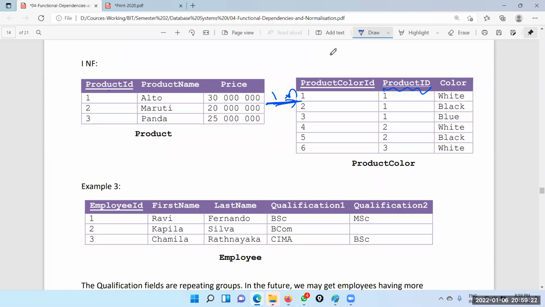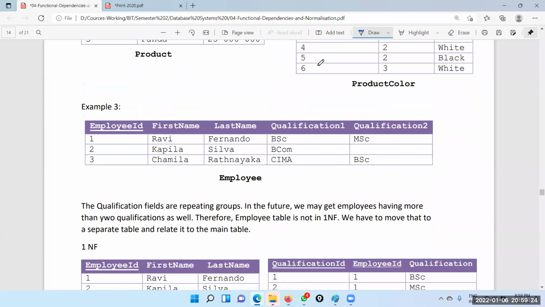So this is another example. Here the problem is in a different format. The same problem is there, but this is the original table. They have the employee ID, first name, last name, then they have qualification 1 and qualification 2 fields.